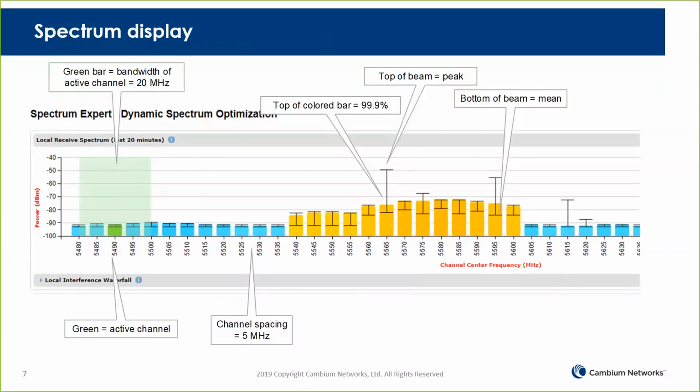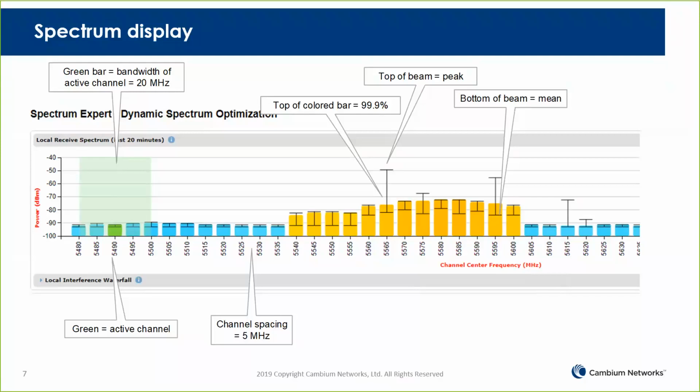I haven't put this in the slides, it's just occurred to me, it's a really important point, that the bandwidth of the measurement is the same as the bandwidth of the link, in this case 20 megahertz. We've made the measurement with a 20 megahertz wide filter, so the data in that green active channel represents the interference level in the entirety of our operating channel.